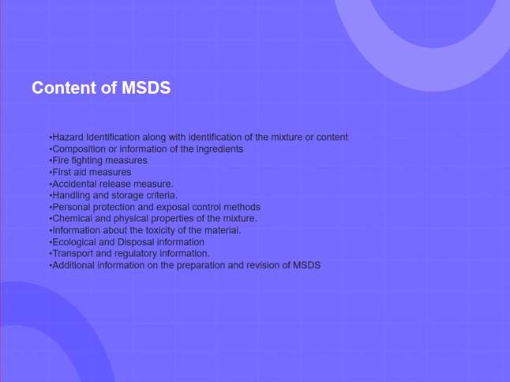That is very important, disposal: whether you know how these materials or chemicals are going to expire, what the dates are, and how they are arranged according to their storage properties, then transport and regulatory information, and additional information on the preparation and revision of MSDS.